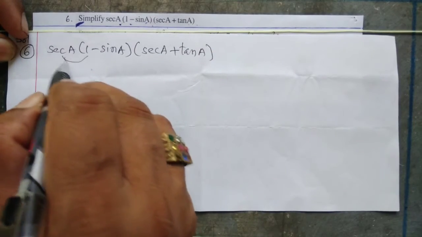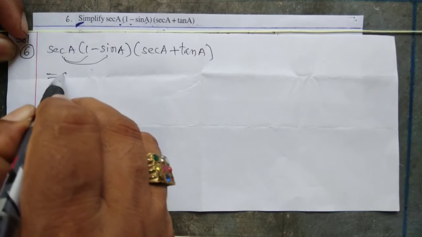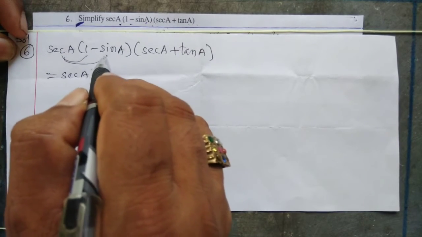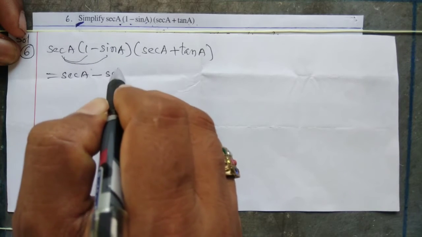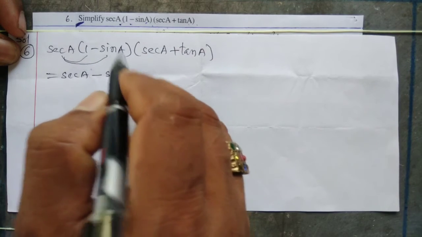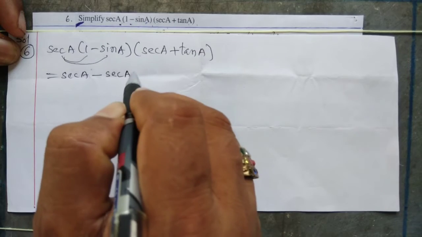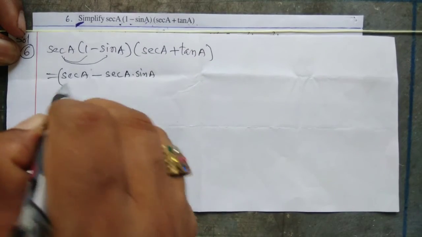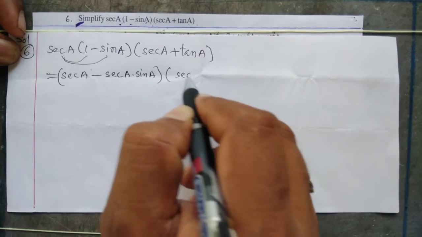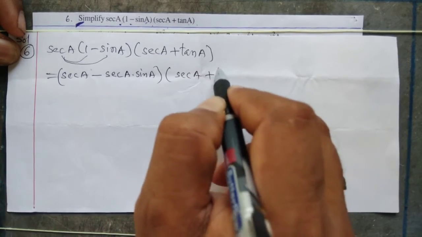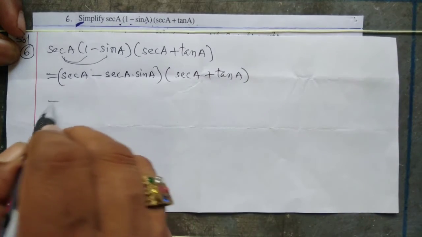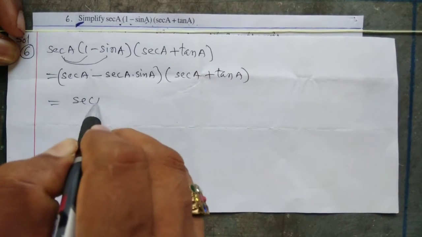You have to multiply like this, sec A minus sec A into sin A, into sec A plus tan A.